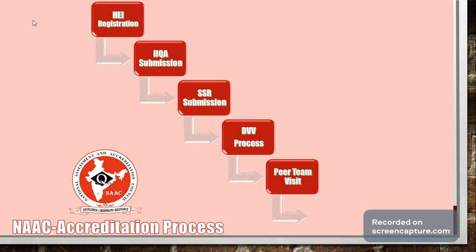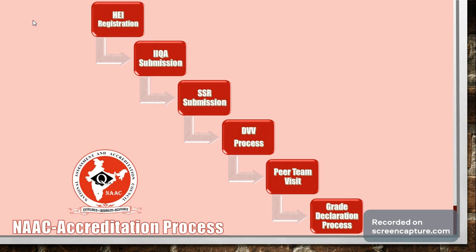Moving to the last step, that is the grade declaration process. After that, institutional grading will be provided. The institutions that score 30% in the data validation and verification process will be eligible to qualify for the peer team visit, and accordingly results are generated by NAAC. Post the on-site assessment, the visiting team generates a qualitative report after identifying the SWOT. SWOT is strengths, weaknesses, opportunities, and challenges, and accordingly they assign different scores on the qualitative metrics.